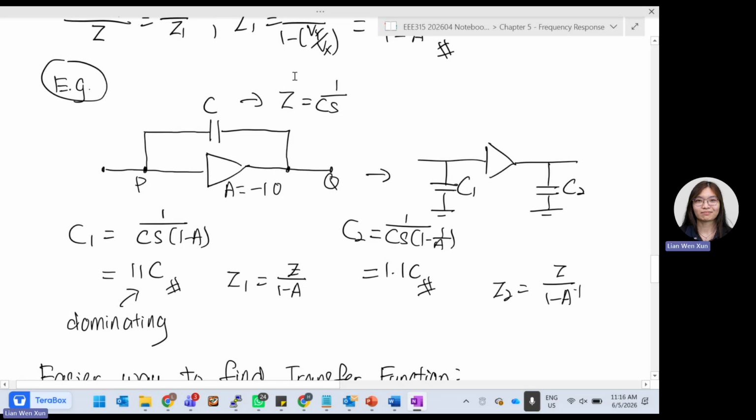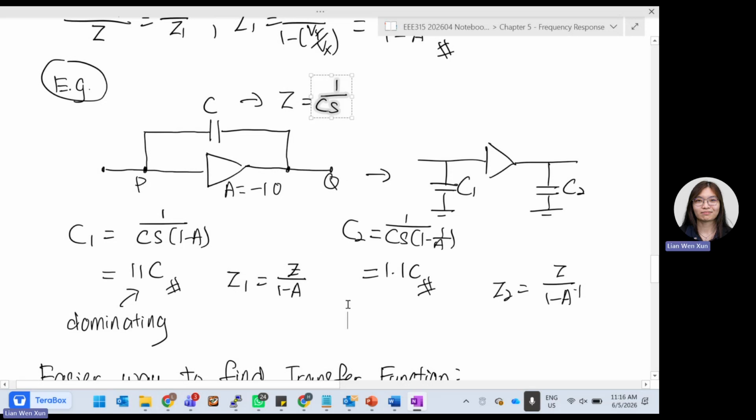So we say that for this circuit, we can convert into C1 and C2. Now let's examine what C1 and C2 will be. From the equation, Z1 needs to equal Z over 1 minus A. So what is our Z? Our Z is now 1 over Cs.